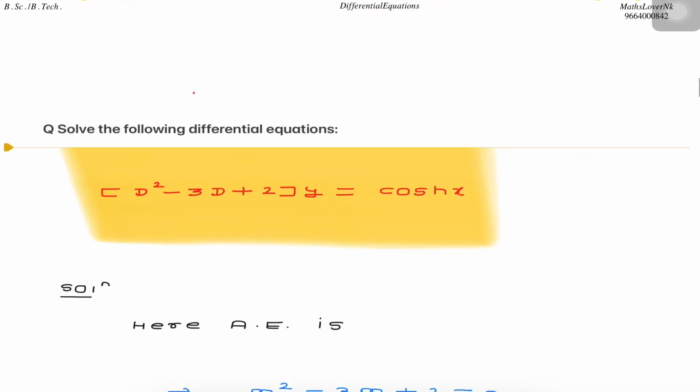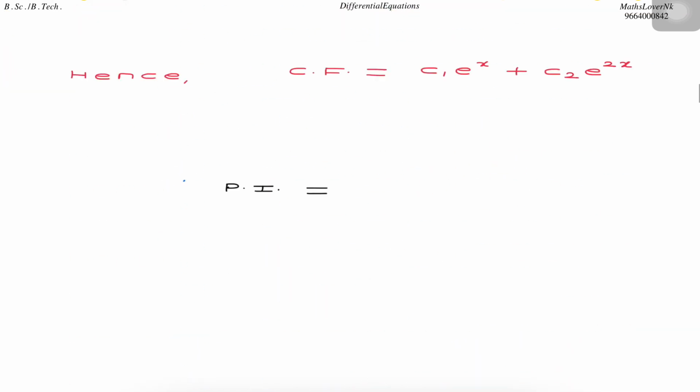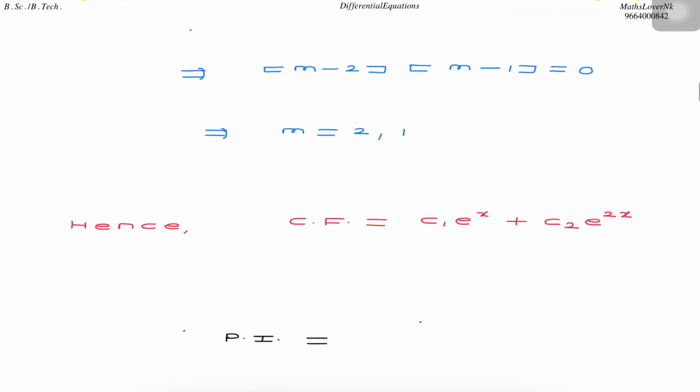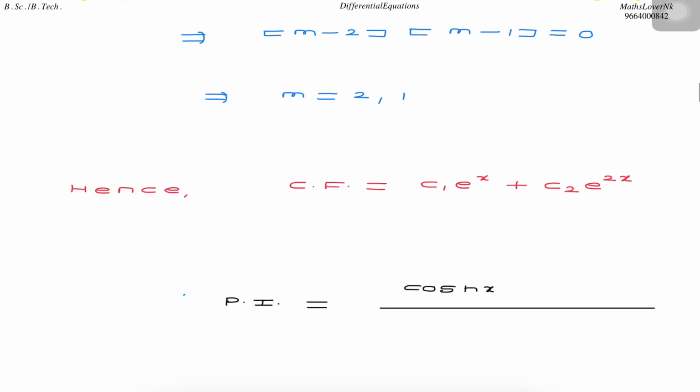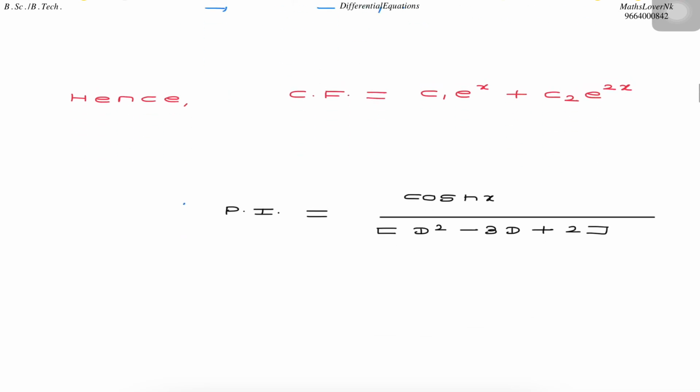For finding the PI, write the RHS part of the given equation in the numerator, cos hyperbolic x, upon the LHS part of the equation in the denominator, that is D squared minus 3D plus 2.